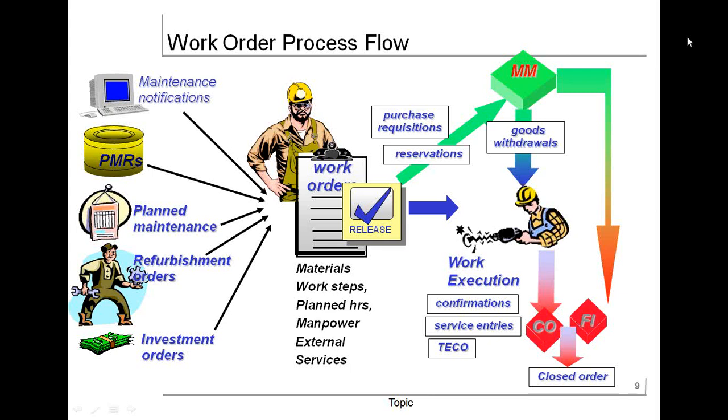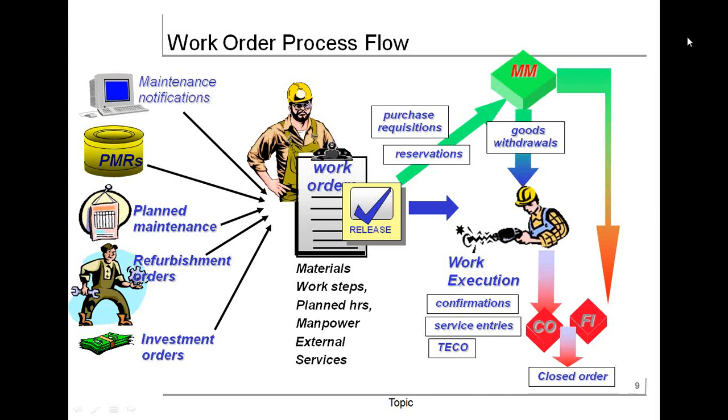This cost has to be accounted to a certain cost center. Suppose I have done a maintenance activity for a CNC machine which is available in the production department. These costs have to be accounted to the production department. The production department will have its own cost center, and these costs are settled to that cost center, and then they will close the work order.